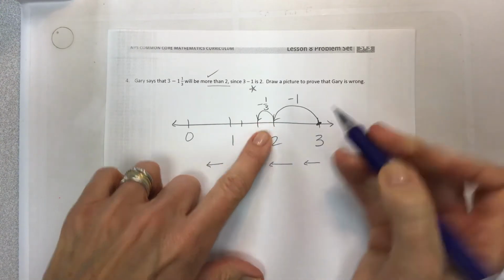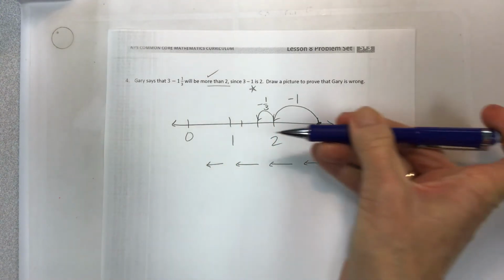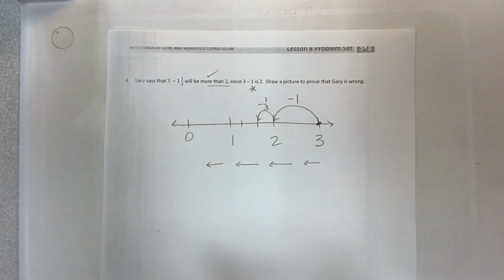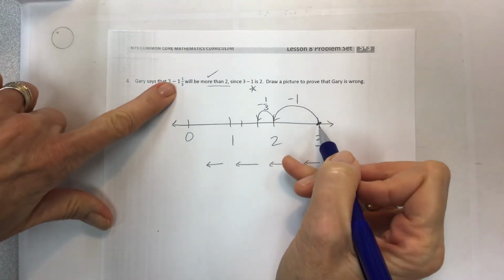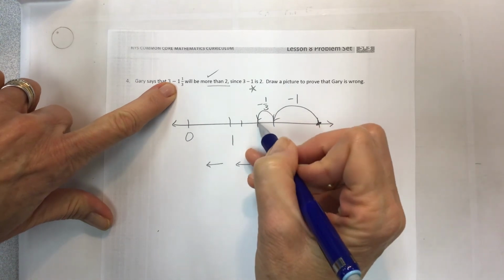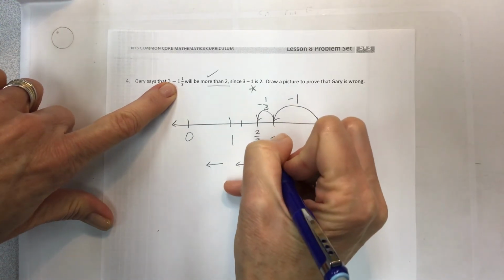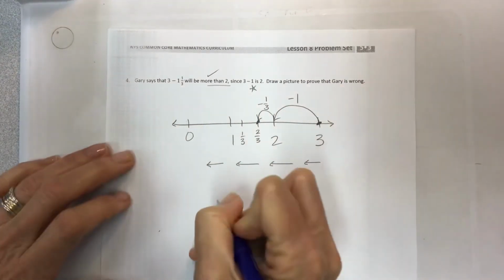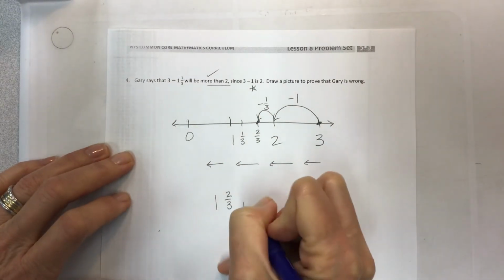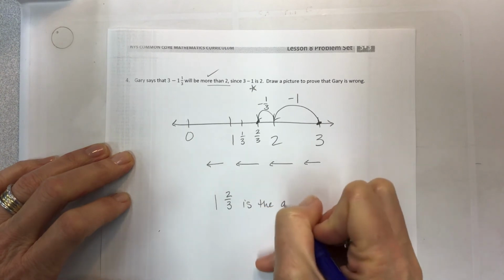So we're showing Gary that you've got to keep moving this way down the number line when you continue to subtract. So 3 minus 1 minus 1/3 is going to be at 1 2/3 for our answer. 1 2/3 is the answer.